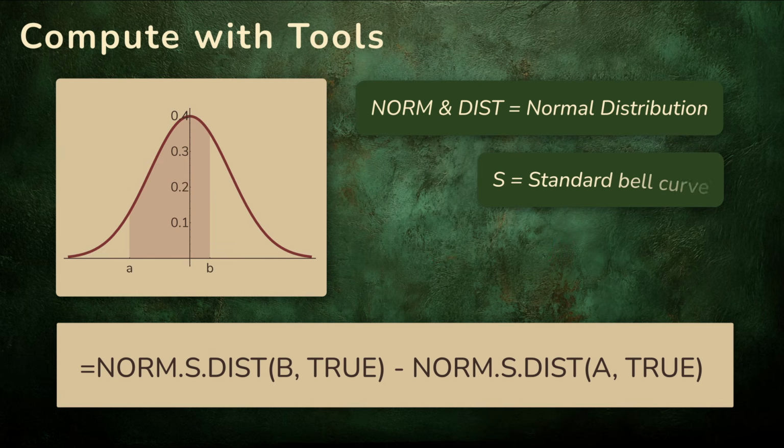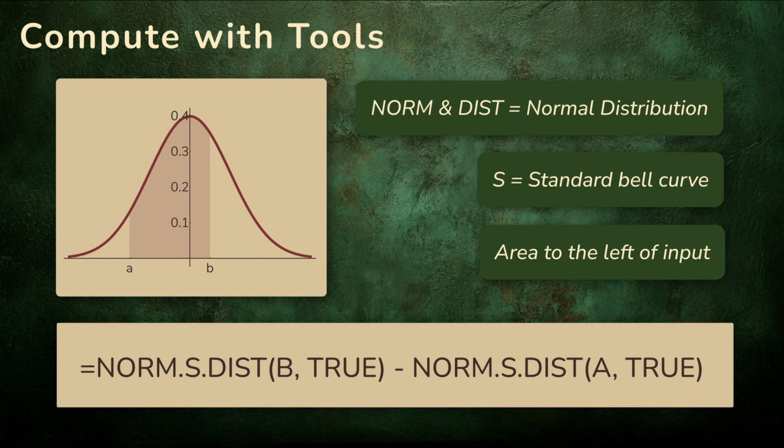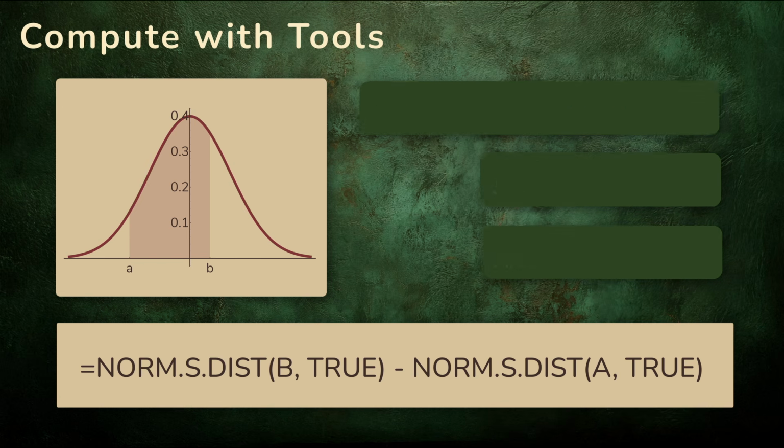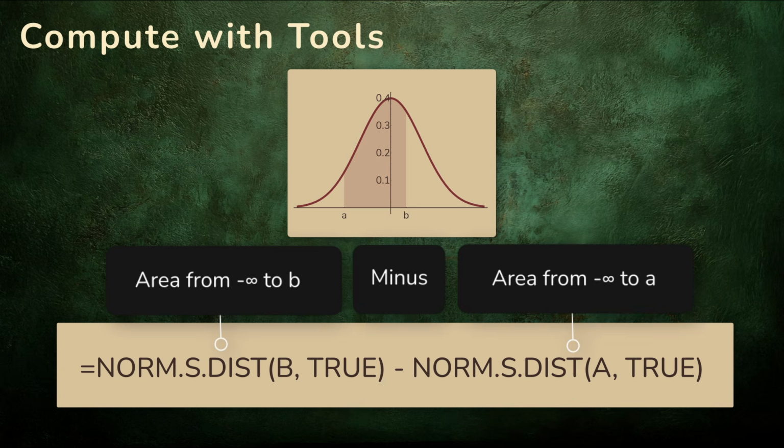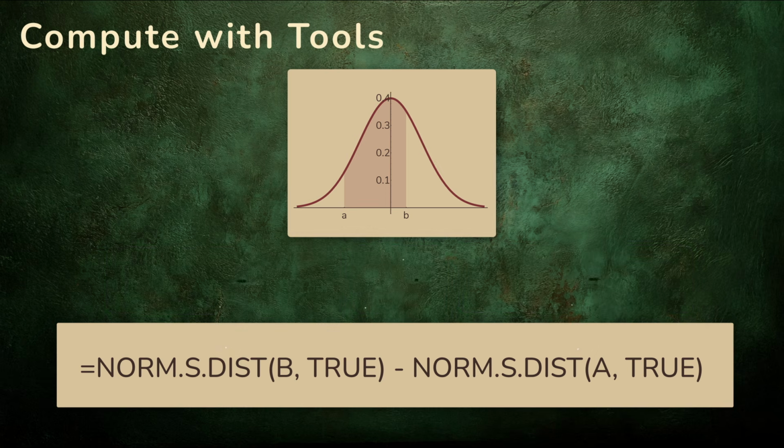The S means this is a standard bell curve centered at 0 with a typical width. These functions are actually giving you the area to the left of the input. So this expression is calculating the area from -infinity to B, and then subtracting off the area from -infinity to A. What's left over is the area between A and B.